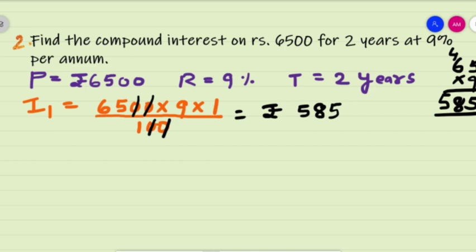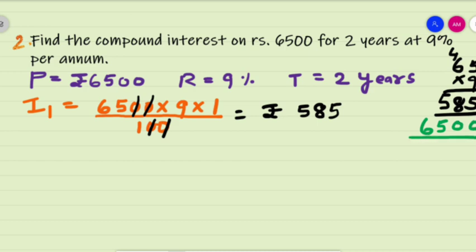Now children, what will be the principal for his next year? The principal for the second year will be whatever interest he has earned after the first year plus the principal he has already given, that is 6500.